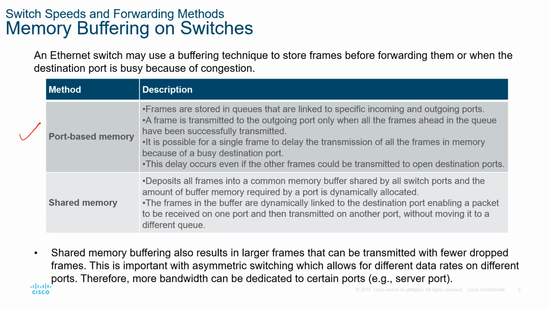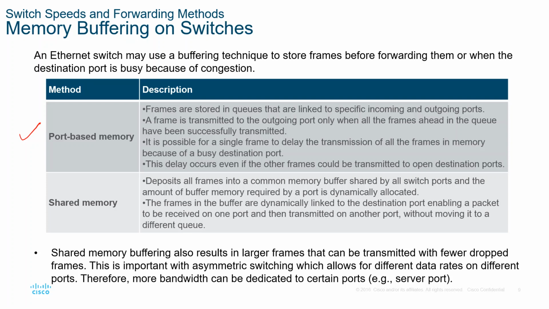In shared memory, all of the frames are deposited into a common memory buffer which is shared by all switch ports, and the amount of buffer memory required by a port is dynamically allocated. So for port-based memory, each incoming and outgoing port has a specific queue or buffer. But for shared memory buffering, all of the frames are stored in a common memory buffer shared by all switch ports.